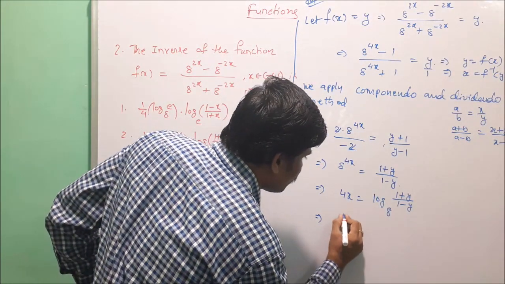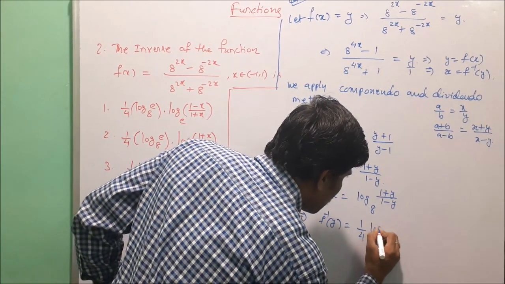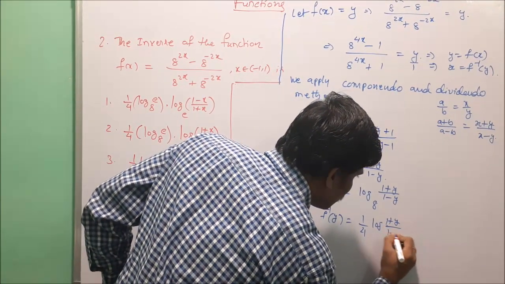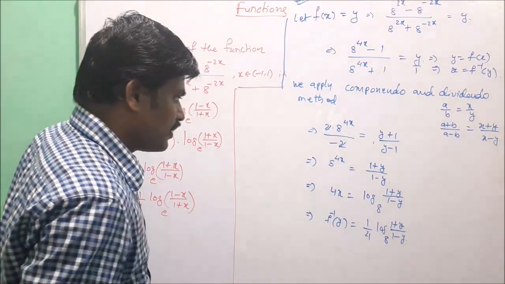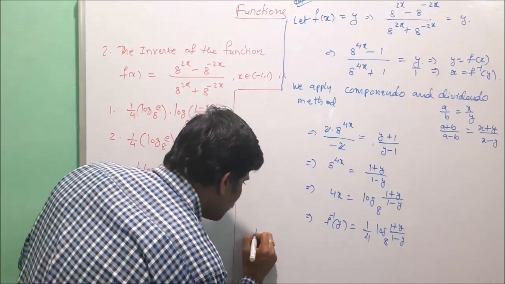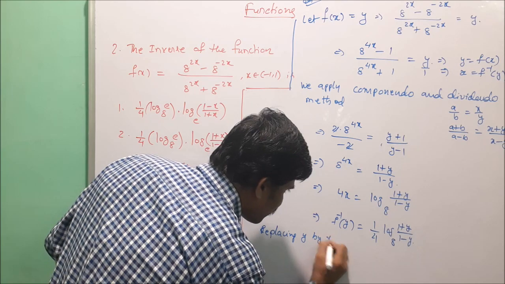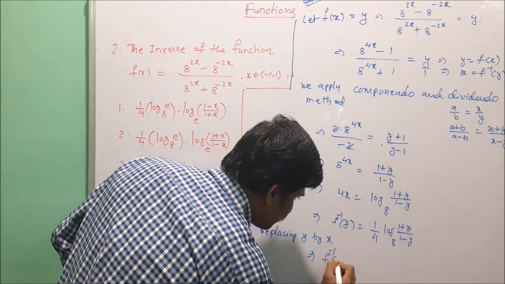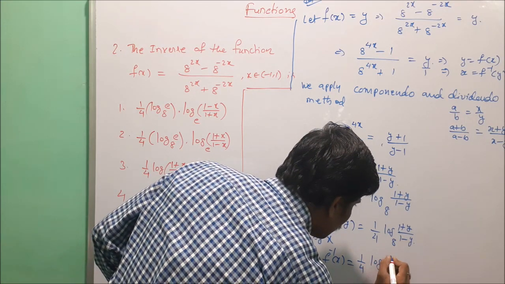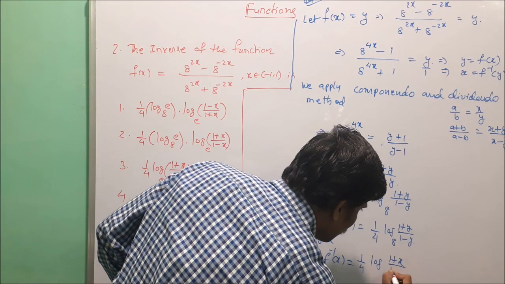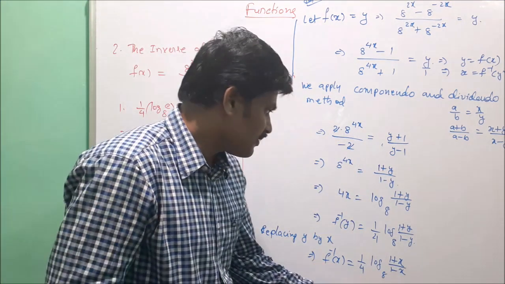So f inverse y equals to 1 by 4 log 1 plus y by 1 minus y base 8. Now replacing y by x, which implies f inverse x equals to 1 by 4 log 1 plus x by 1 minus x base 8. Now this is the answer.